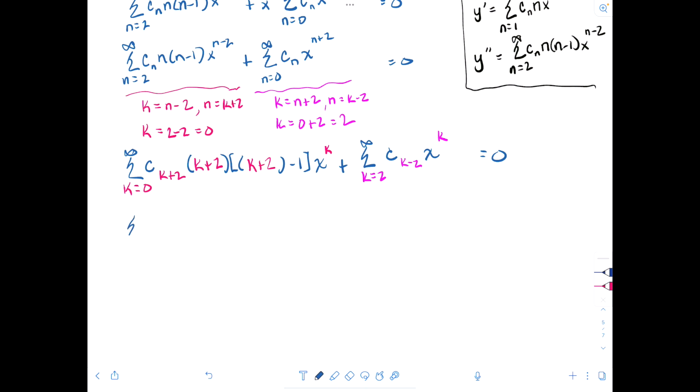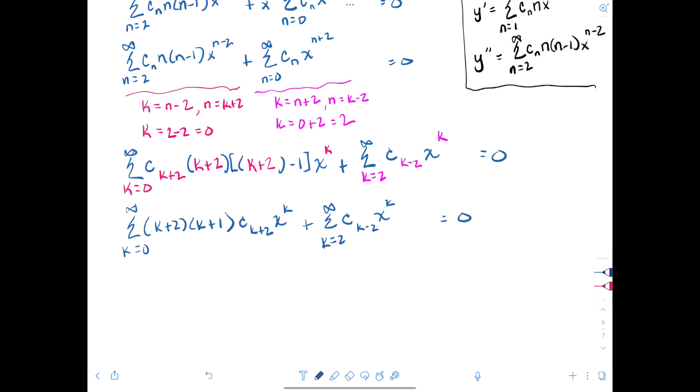So we'll have this summation as k goes from 0 to infinity of k plus 2 times k plus 1 when we simplify that second factor, c sub k plus 2 times x to the k, plus the summation as k goes from 2 to infinity of c sub k minus 2 times x to the k, all equals 0.